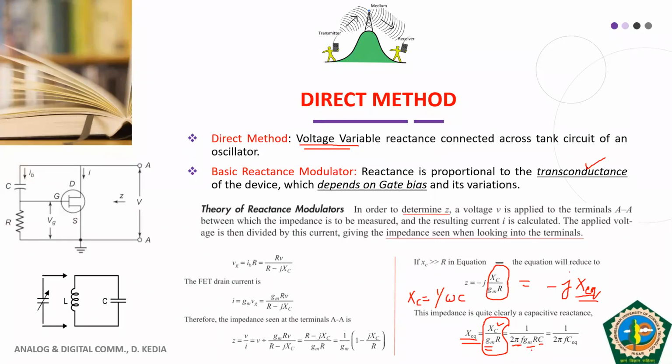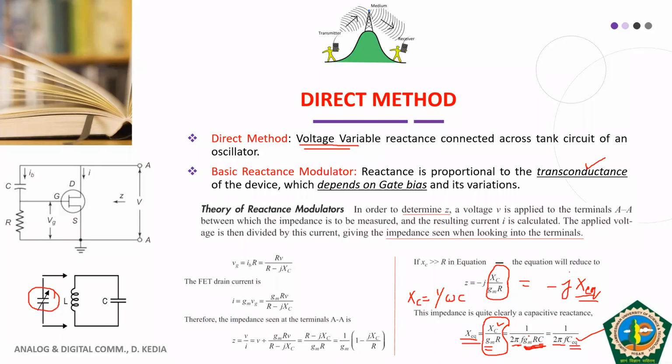Okay, so we again represent your GM into R into C. This part 2 pi F we already know, this is omega part, and we can write equivalent capacitance is equal to GM into RC. So your equivalent capacitance of this voltage variable reactance is GM into RC.